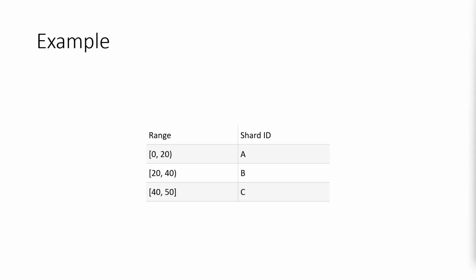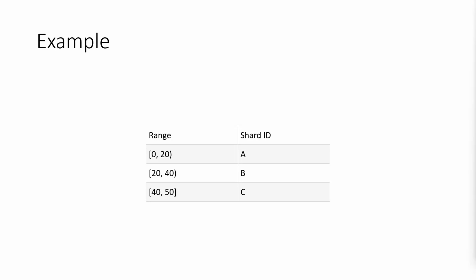Simply we will define those ranges with the shard IDs, let's say A, B, C. So the range maps to the shard ID, or the shard key.